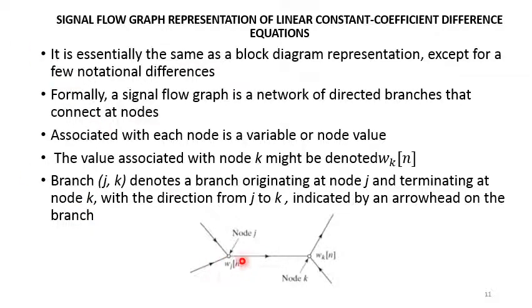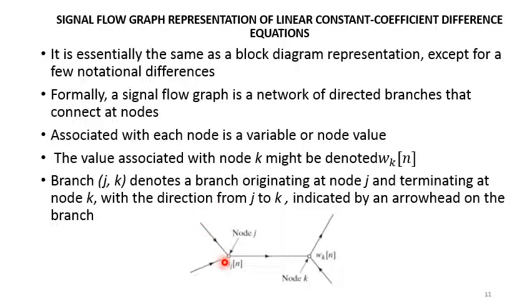So as shown here, this is the node w_j[n], representing the discrete-time independent variable. The arrow represents the direction. This is another node k, right? And we write it w_k[n], so it has some inputs and some outputs. The circle here represents the summation.